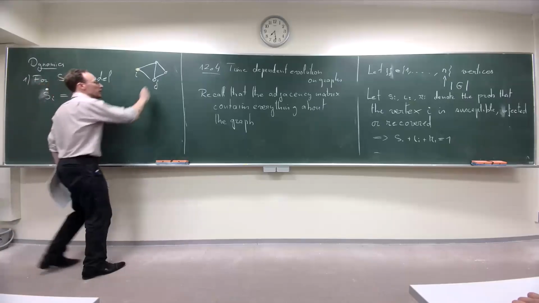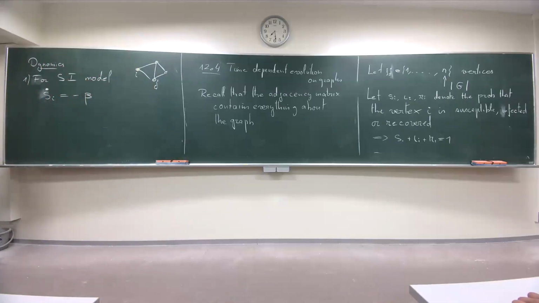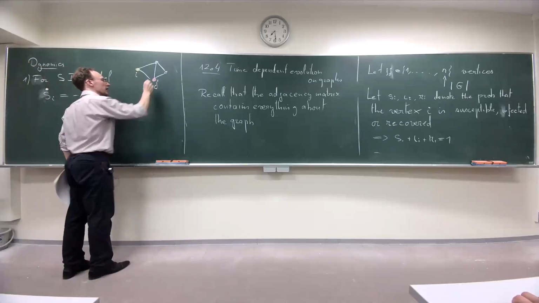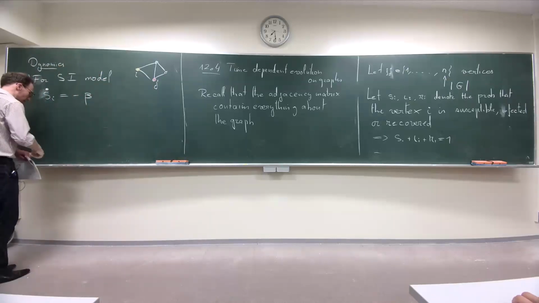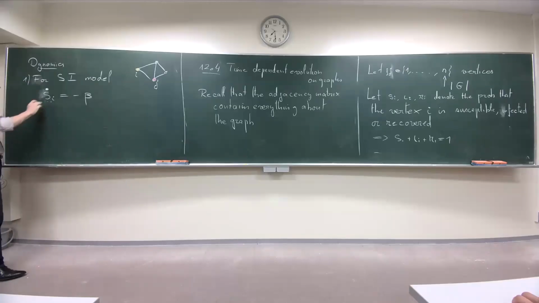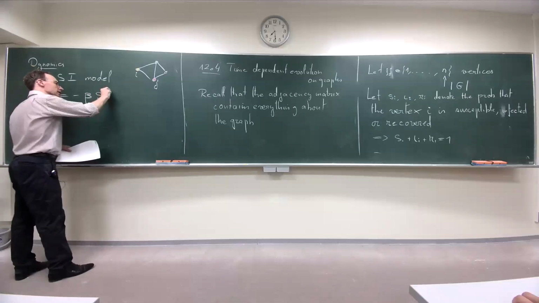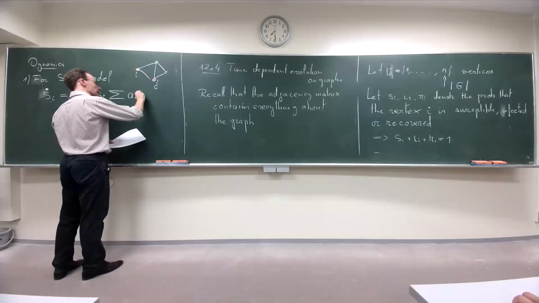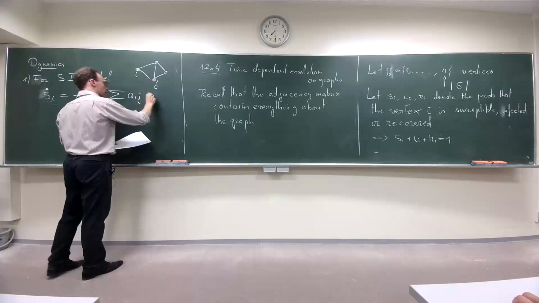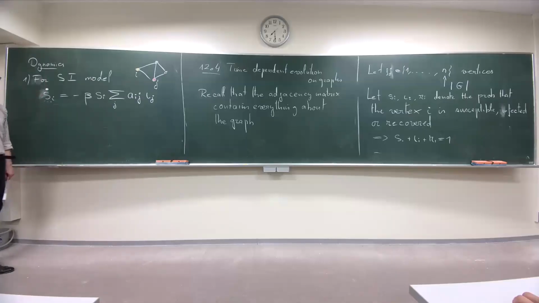Of course, if its two neighbors are also susceptible, it cannot become infected. So you need to have one guy which is infected, because the transmission can only go through edges. That's the interest. So the derivative of SI is going to be given by minus beta SI times the sum over J of Aij iota J. Aij is the adjacency matrix.